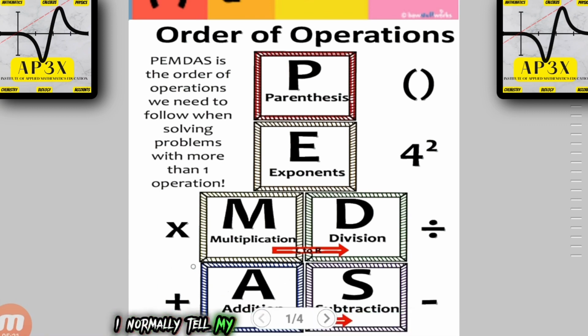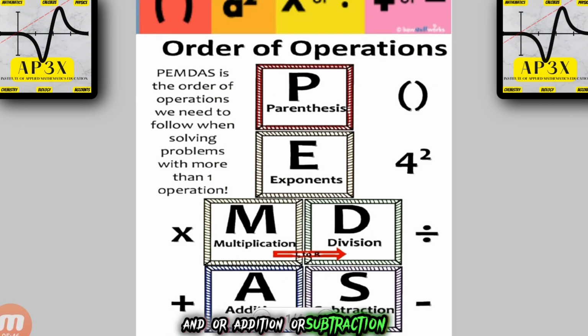I normally tell my pupils that I work the operation that comes first, so I use the saying first come first serve. Please note that this only applies when the mathematical problem to which you're solving contains both multiplication and division and or addition and subtraction.